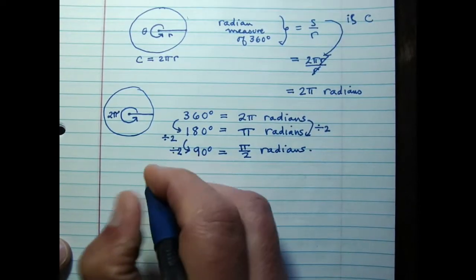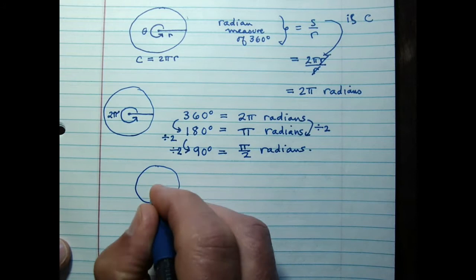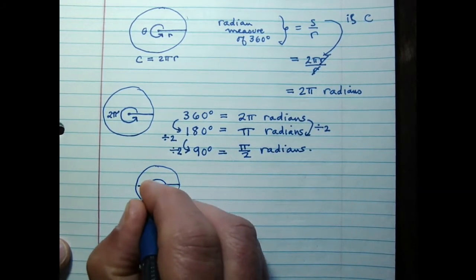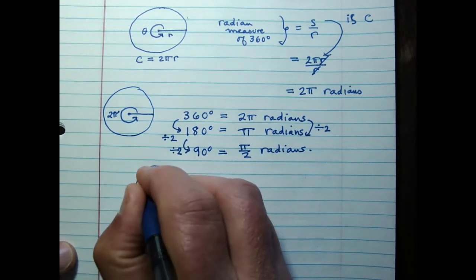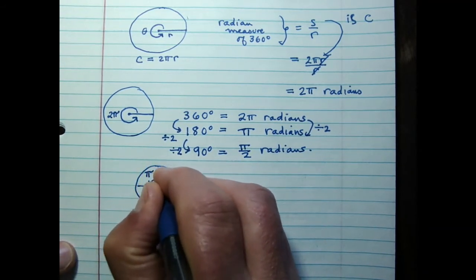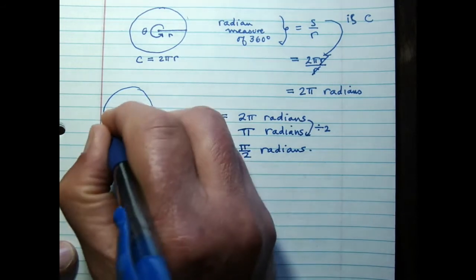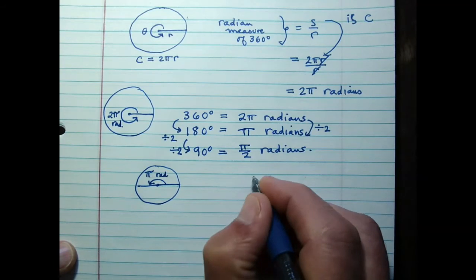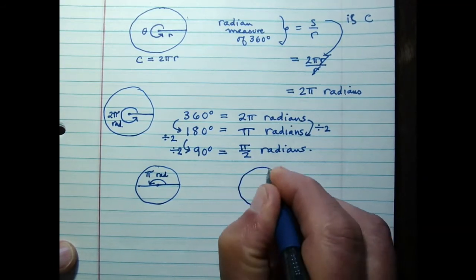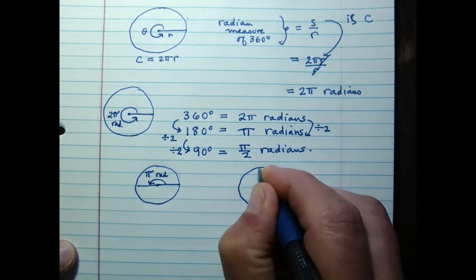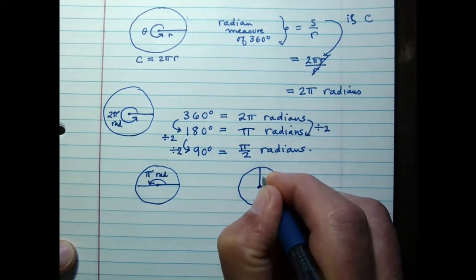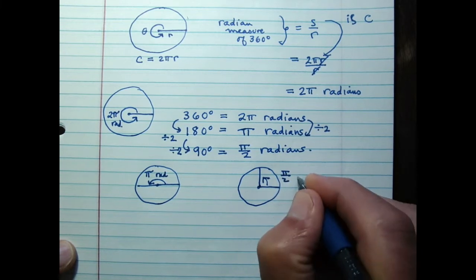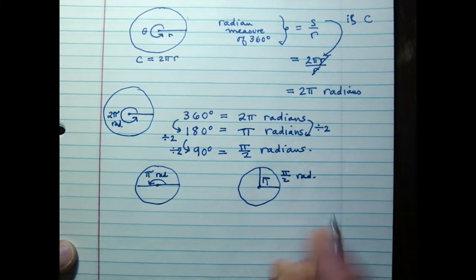So let's just draw maybe a couple of pictures. Here's a straight angle. That's pi radians. Maybe I'll write the RAD in here. I didn't write that up above. And 90 degrees, which is like 1/4 of a circle, right? Its radian measure is pi over 2 radians.